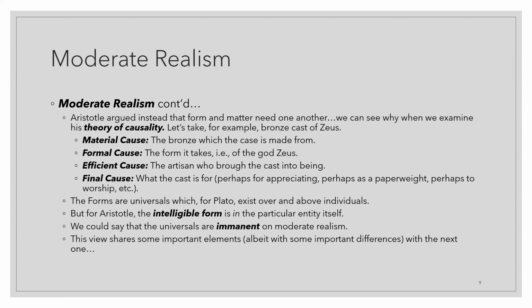One of the articles on Aristotle. It escapes me at the moment. But you need to understand the material cause, the formal cause, the efficient cause, and the final cause.